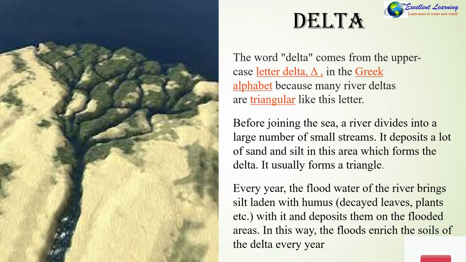Children, before joining the sea, a river divides into a large number of small streams. It deposits a lot of sand and silt in this area, which forms the delta. It usually forms a triangle.